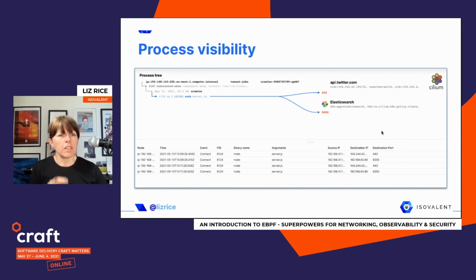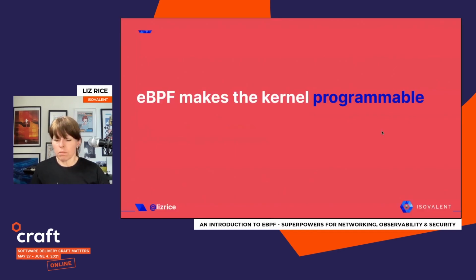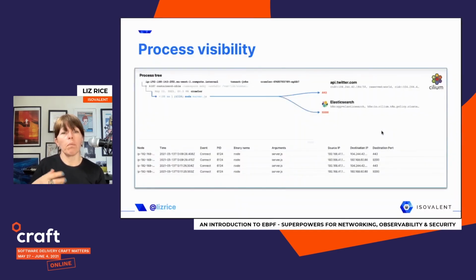If you put those two things together, you can start to observe which process was responsible for, for example, network activity. In this example, we can see not just exactly which pod was responsible for network connections, but also which executable under which process ID made those network connections.